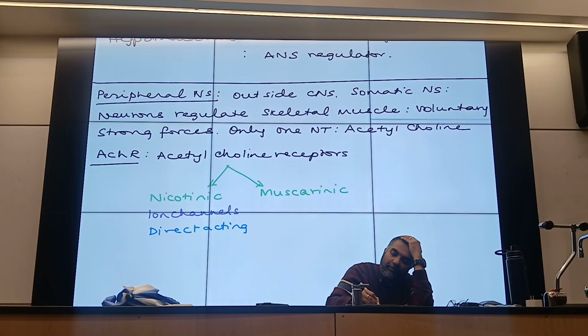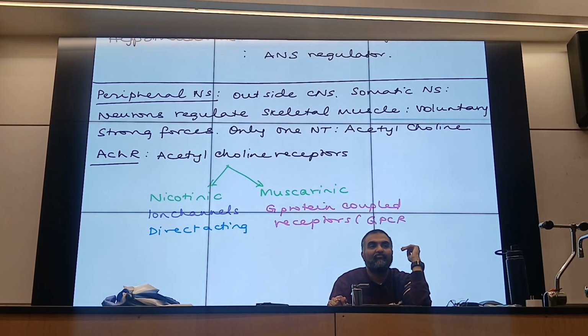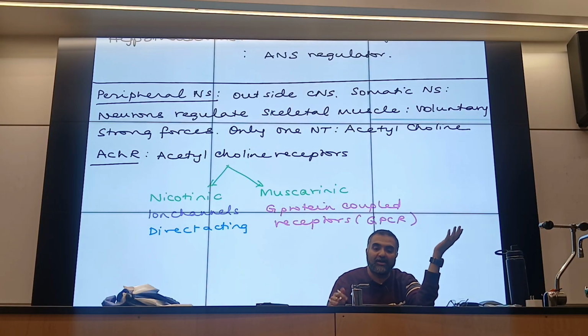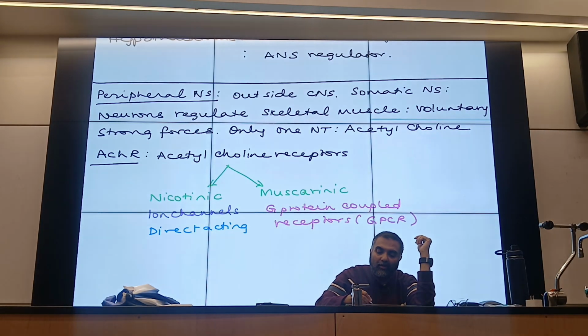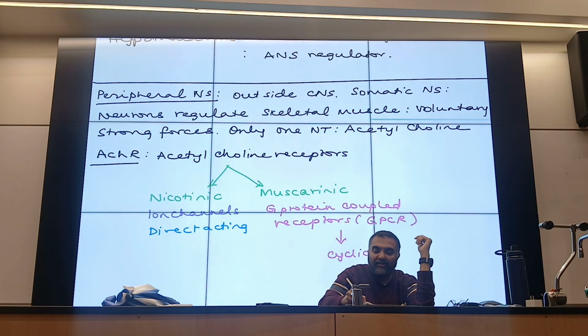So these are G protein coupled receptors, and the abbreviation for this is GPCRs. And G protein coupled receptors will undergo signal transduction, and this will cause cyclic AMP or cyclic GMP to go up or down.